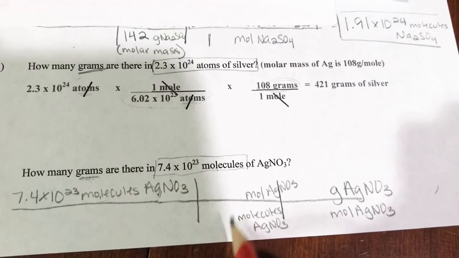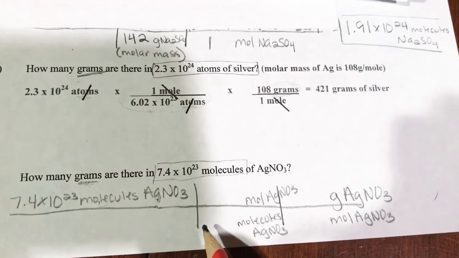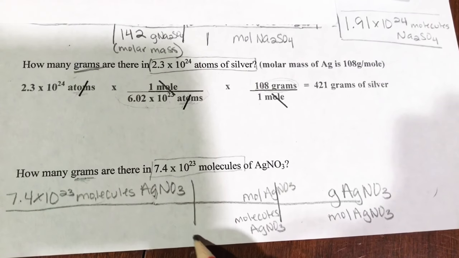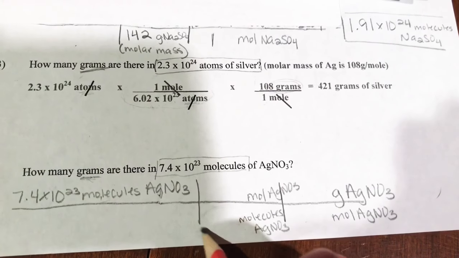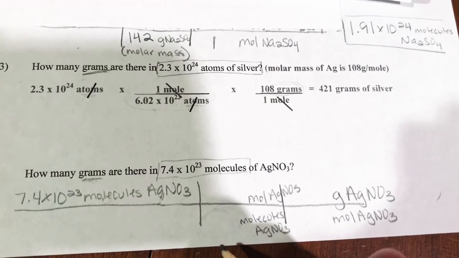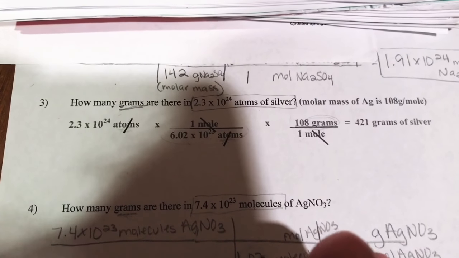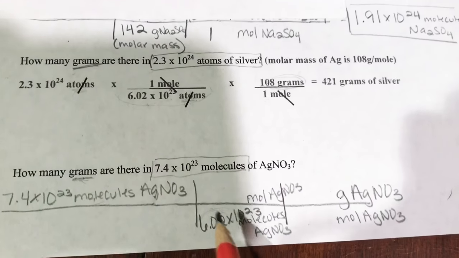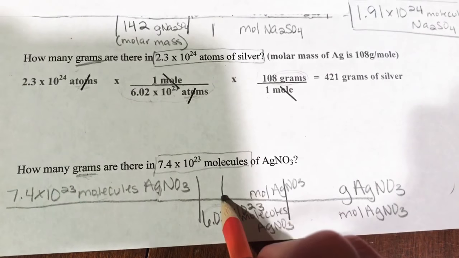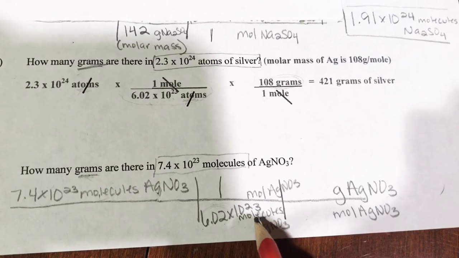Now, how do we determine what numbers go in which slot? We said anytime that we write the word molecules, the only number that we know that is associated with molecules is Avogadro's number. So we're going to go ahead and just write 6.02 times 10 to the 23rd down here. And then we know that 1 mole is equal to 6.02 times 10 to the 23rd molecules.